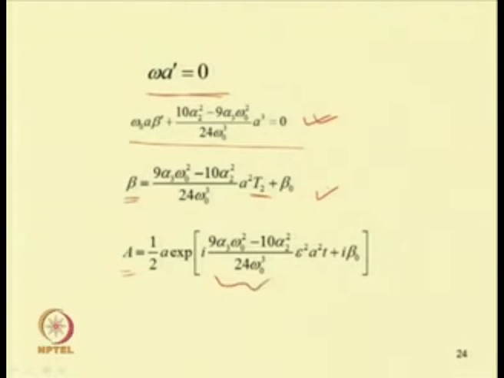So, one can note that this term is the resulting frequency of the system. That means, in case of the nonlinear vibration, the system will vibrate with this frequency. The frequency is no longer equal to ω0, unlike in the case of the linear system, where the response frequency was ω0.